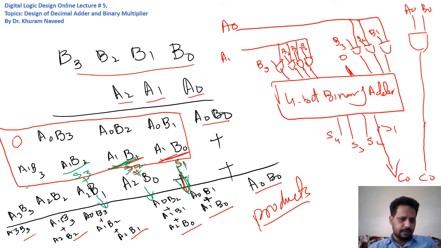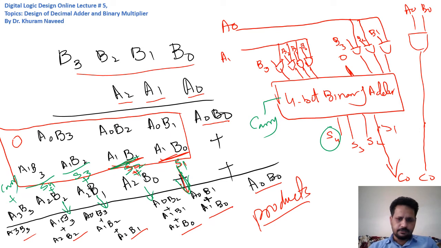And here we will have S4, which is given here. So here we will add this into A2 plus B2 to get this fifth bit in the product. And the final bit will be obtained by adding A3 B3 with the carry. So let's say we have a carry.